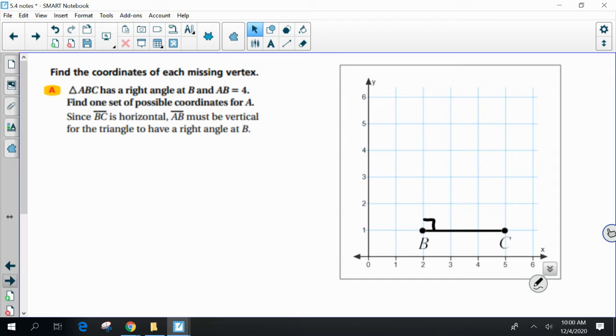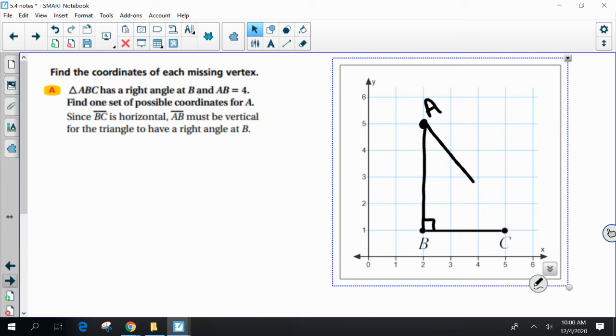I'm missing A. I know that AB is 4 units long. What should I do? I just need to either go up or go down 4. So on this graph, it'd be easier to go up 4, and that would be my point A to make my triangle. So what would be my coordinate for A? 2, 5.